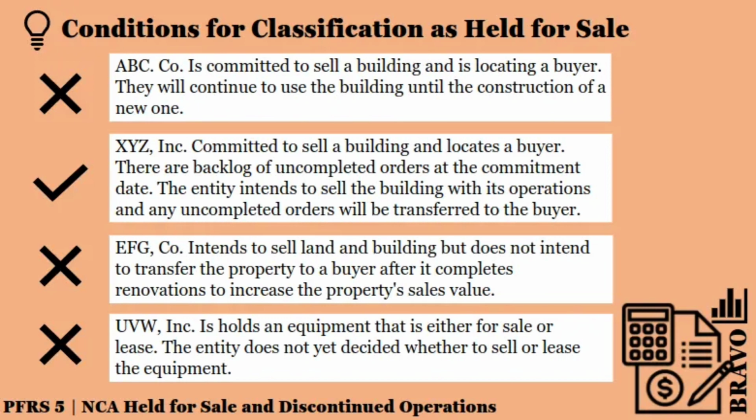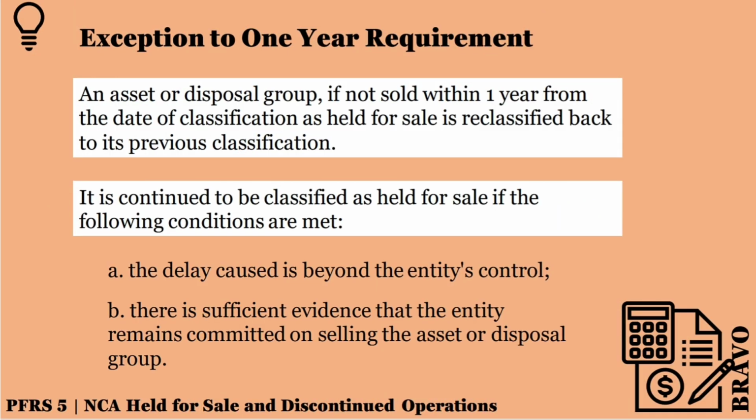On the second scenario, the criteria is met because the building is available for immediate sale. On the third scenario, the criteria is not met because the building is not available for immediate sale, for there will be renovations to be done. And lastly, on the fourth scenario, the criteria is not met because it has not yet determined whether to sell or to lease the equipment.